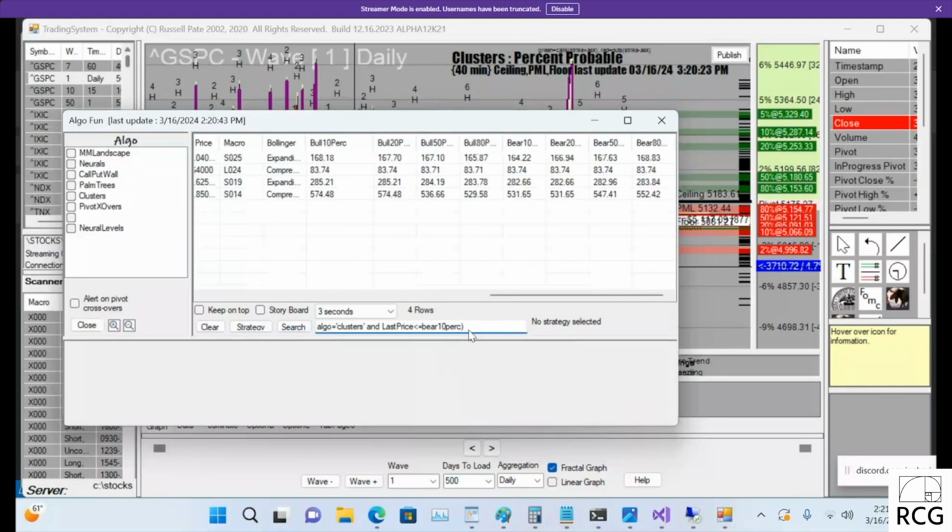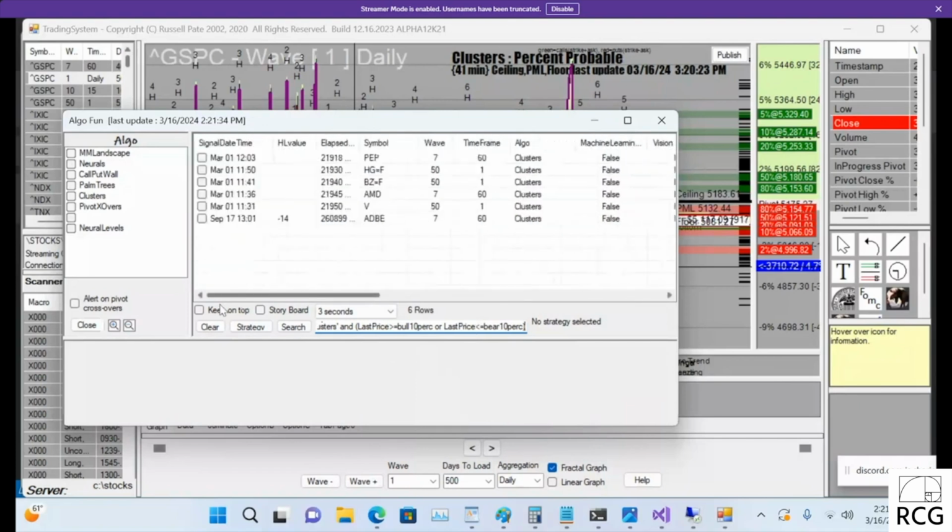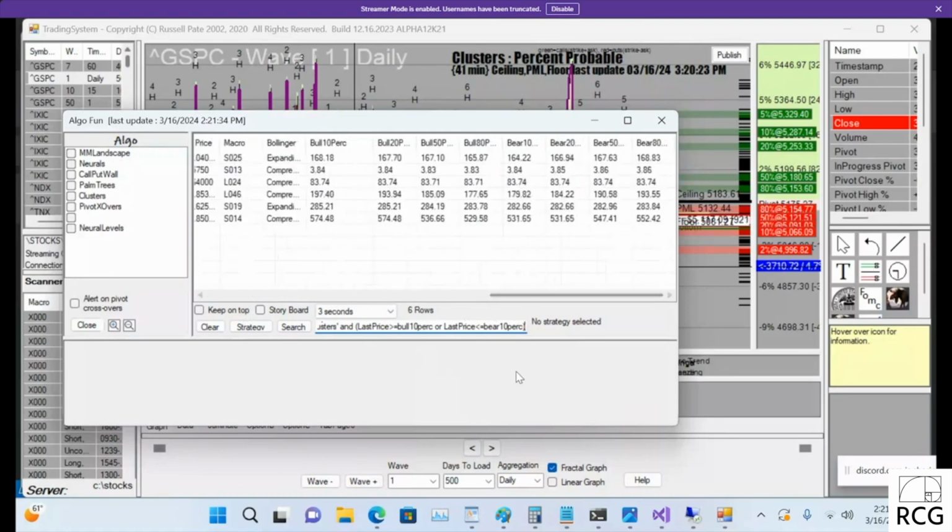And if you want to combine both, algo equals clusters and the last price is greater than the bull, or the last price is less than the bear, and then you get both sides showing up.